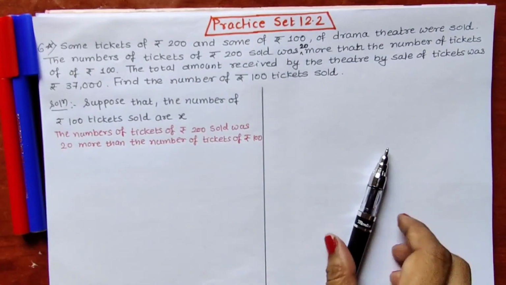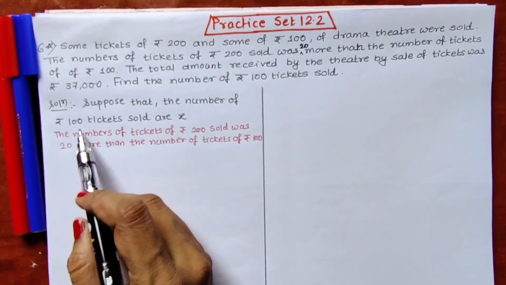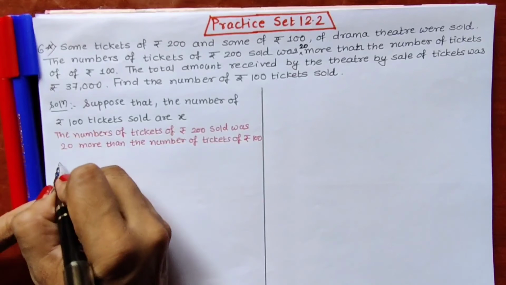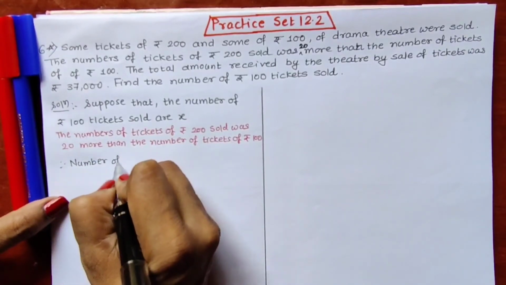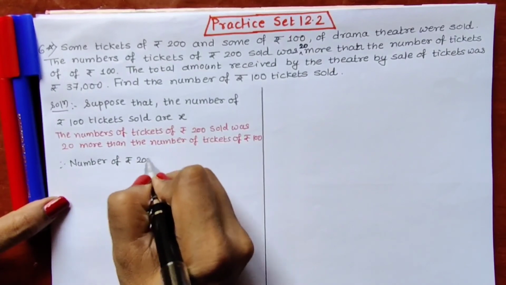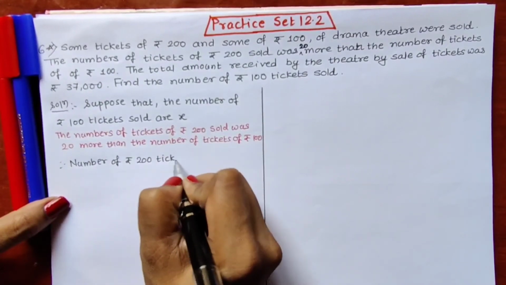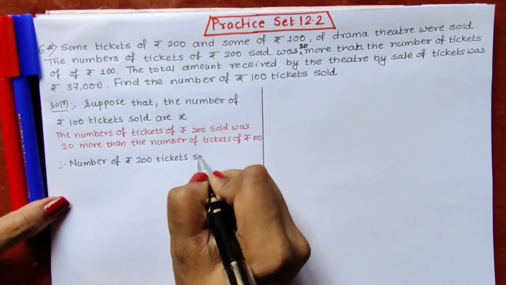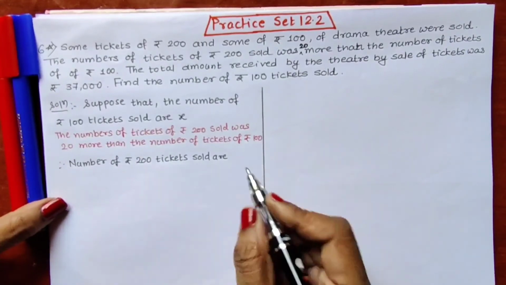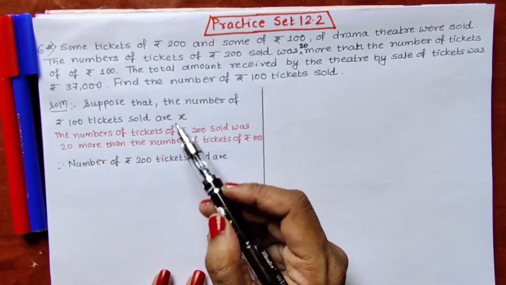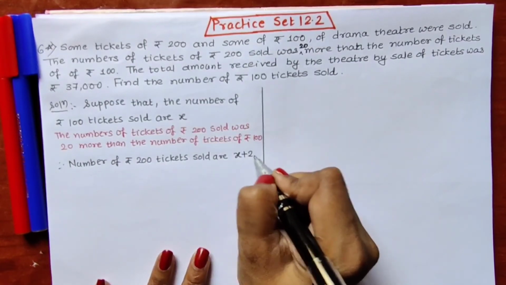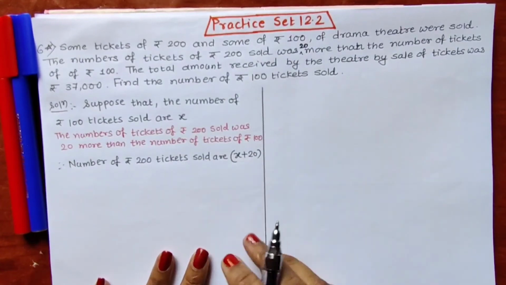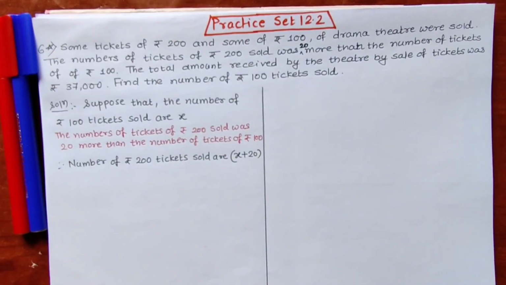So what will be the number of rupees 200 tickets sold? Therefore the number of rupees 200 tickets sold are 20 more than 100 rupees tickets. So 100 rupees tickets are X, and 20 more means X plus 20. In this way we have got the number of tickets sold of rupees 100 and rupees 200.